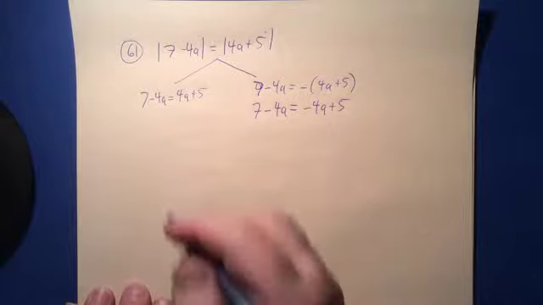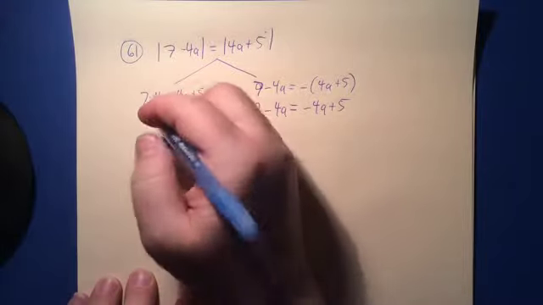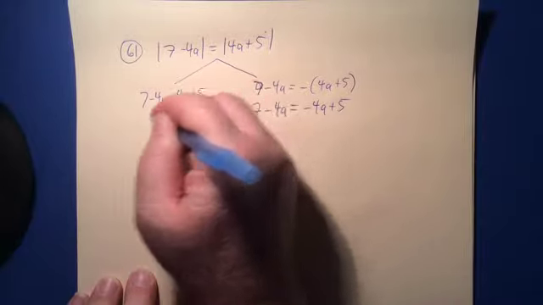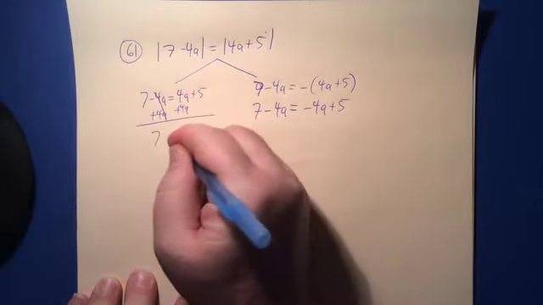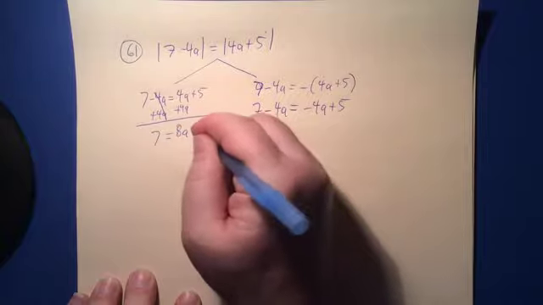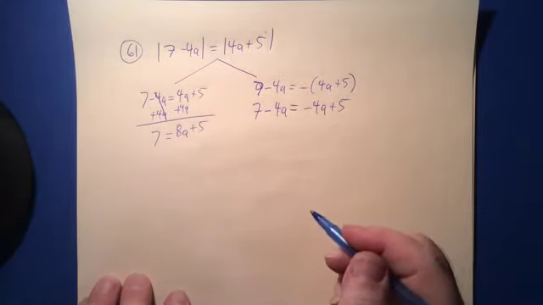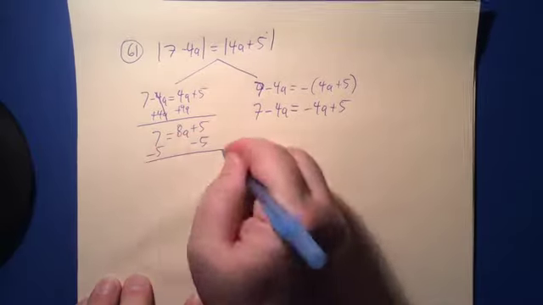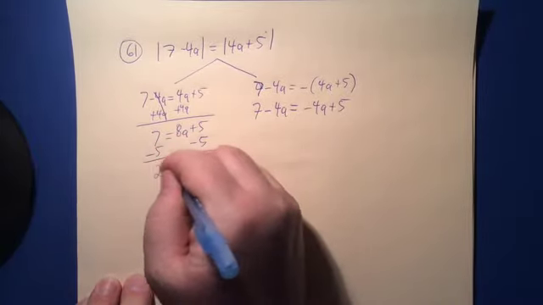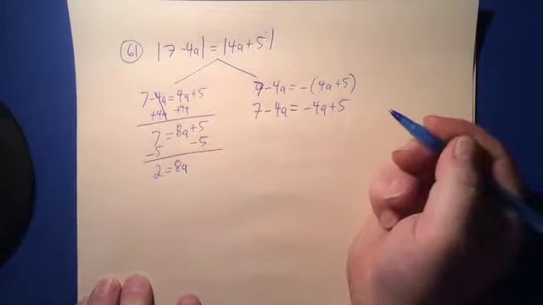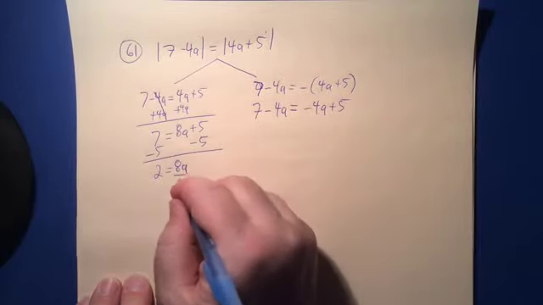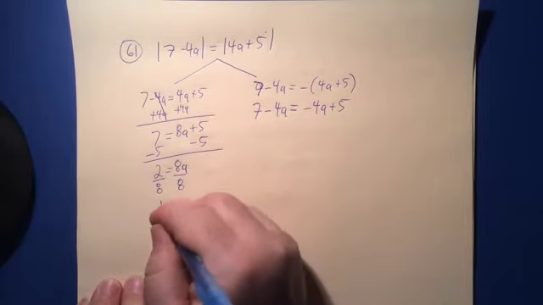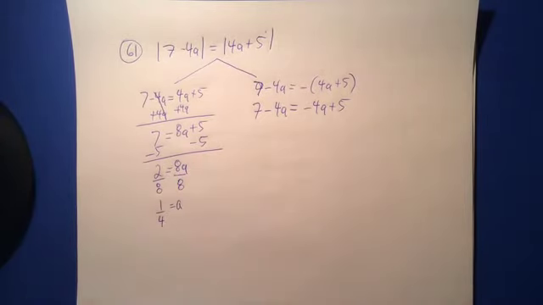Let's solve each of these now. Let me go ahead by adding 4a to both sides. So we get 7 equals 8a plus 5. Subtract 5 now from both sides. 7 minus 5 will be 2, so 2 will equal 8a. If I divide both sides by 8, a is going to equal 1 over 4.